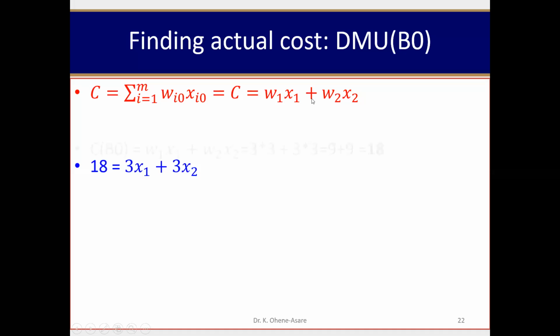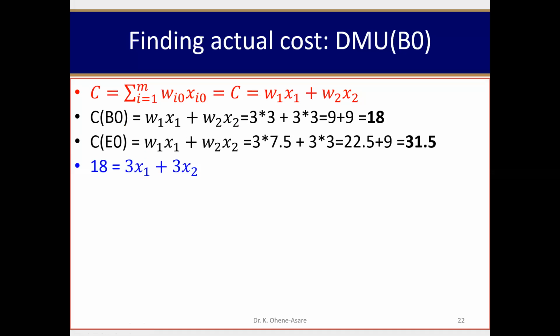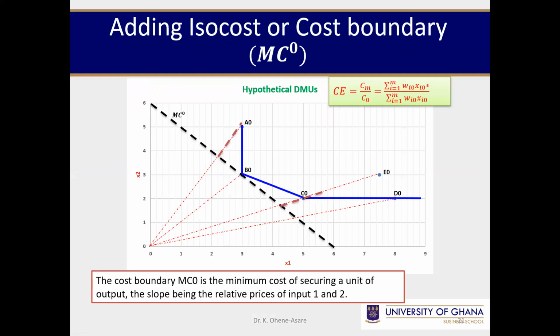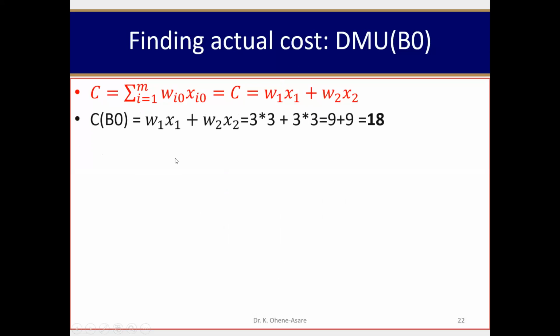So let's do it for DMU B. Just take you back to DMU B. This is DMU B. I want to calculate the total cost for DMU B. And when I finish with that, I'll let you calculate the total cost for every other DMU. This is how it goes.